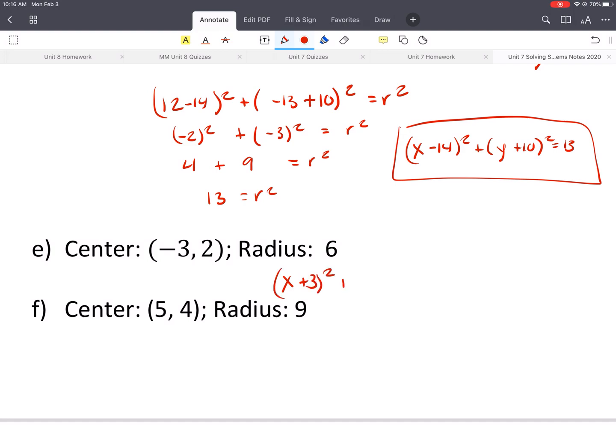And then we'll do y minus 2 squared is equal to the radius squared, which is 36. Okay, so try this one. Pause and give that a try. We'll have x minus 5 squared plus y minus 4 squared is equal to radius squared, which is 81.